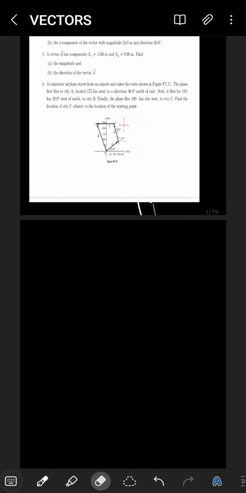So question 4: a commuter airplane starts from an airport and takes the route shown in the figure. We can redraw this figure for us to better understand the concept.